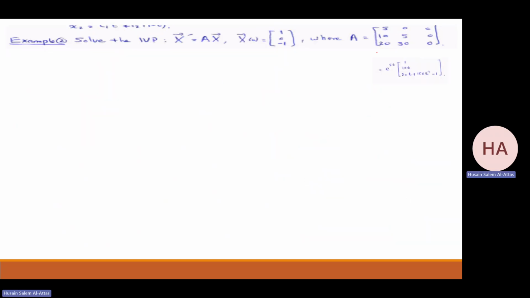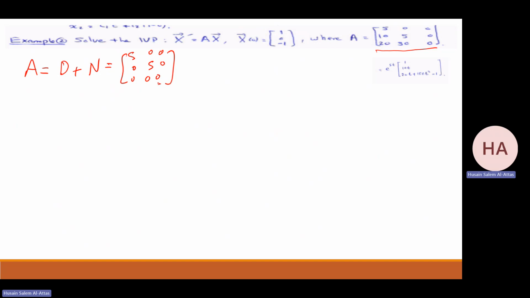Another problem, now this is 3 by 3, which will make our calculation more difficult if you want to do it through eigenvalues and eigenvectors. So what I will do, I'll try to find e to the power At. I notice first that A is diagonal plus nilpotent. Since A is this diagonal matrix, one of the diagonal entries is 0, it's okay.